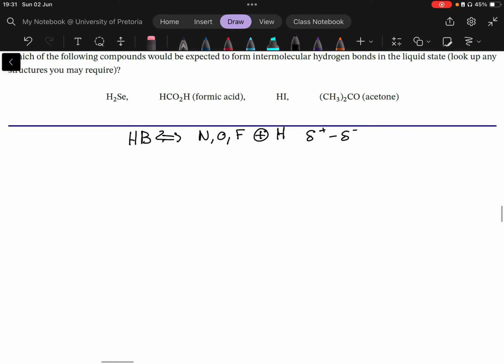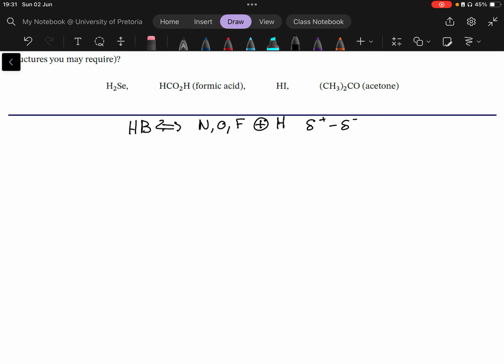Okay, so let's draw these molecules that we have here. So H2Se, so dihydrogen selenium, is going to be something like Se with H, H. We can see it doesn't contain N, O, or F, so it's not relevant immediately.